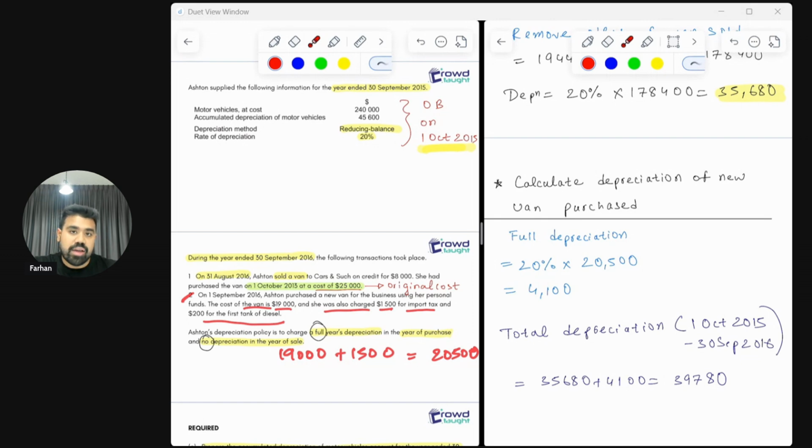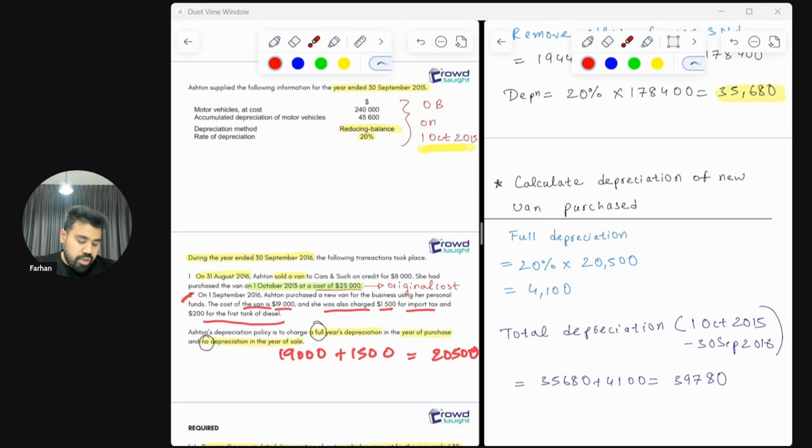The import tax is a tax that you have to pay for legal purposes. If you want to drive the car on the roads, then you have to pay this import tax. And therefore, this $1,500 import tax becomes part of the original cost.